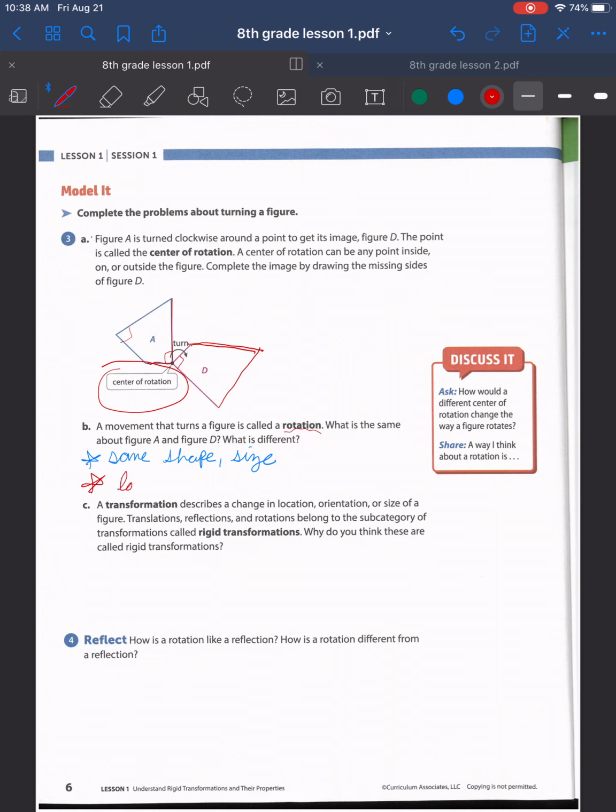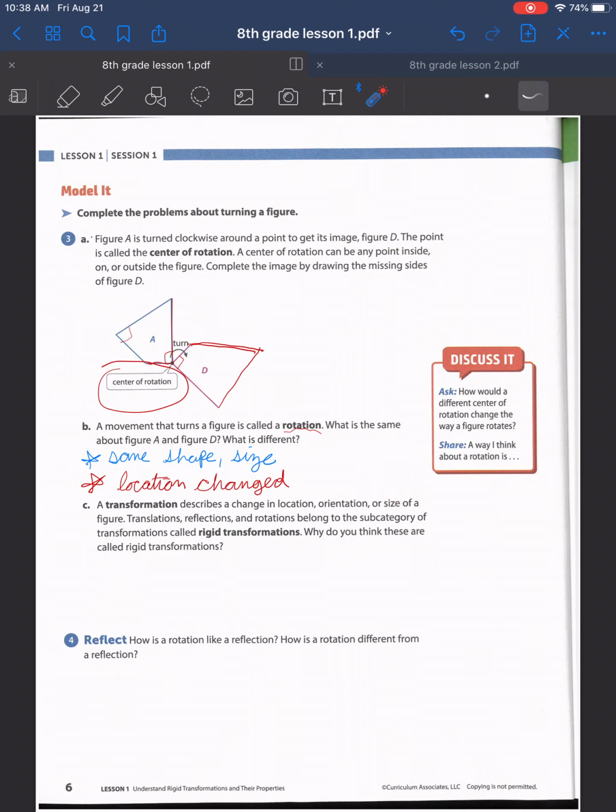So location changed, and it's facing a different direction. That's all it changed. A transformation describes the change of location, orientation, or size of a figure. Now, we haven't talked about that guy yet. We'll talk about that in a second.